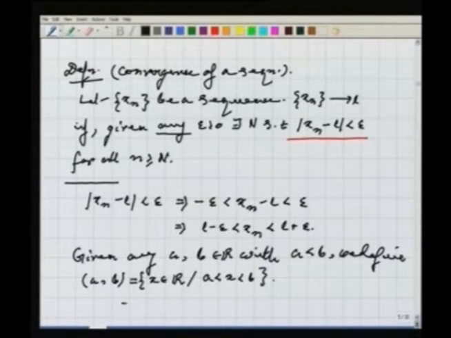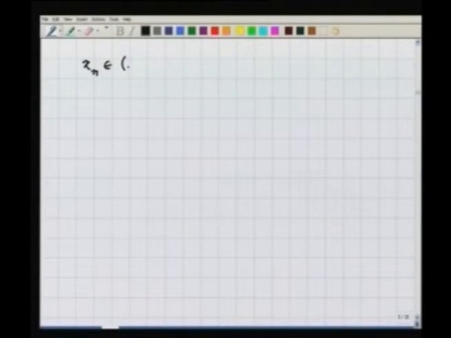If you think about the real line, suppose this is a, suppose this is b, then the open interval means all the real numbers sitting here, but not the end points. Now, with this in mind, we can say that convergence implies that x n belongs to (L minus epsilon, L plus epsilon) for all n bigger than or equal to capital N.